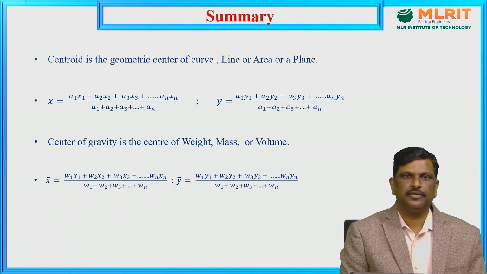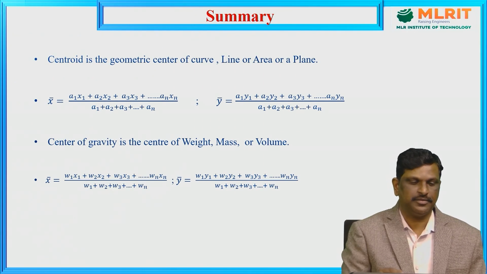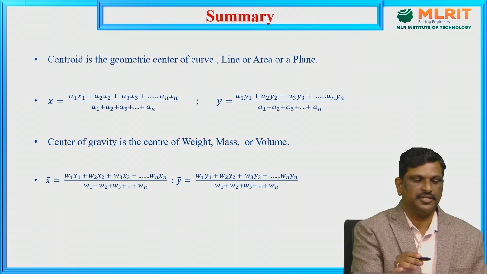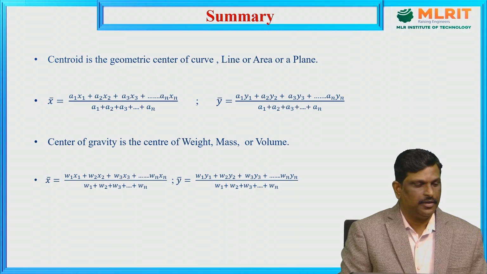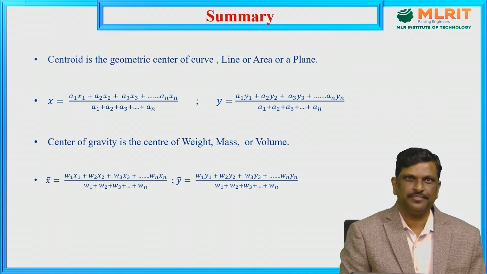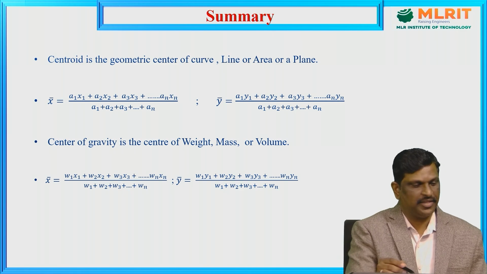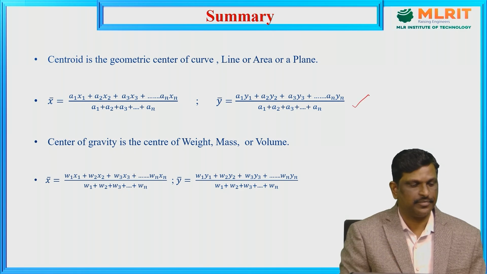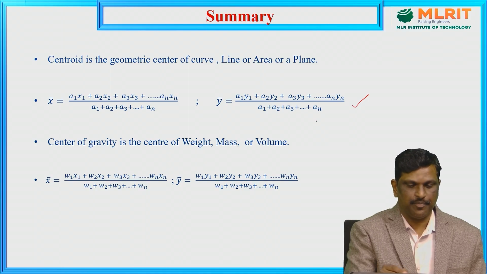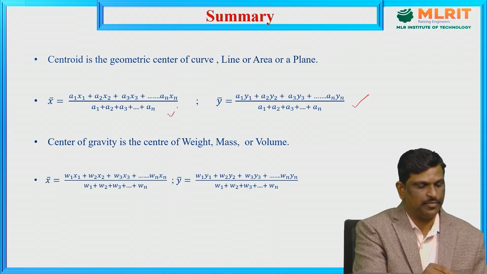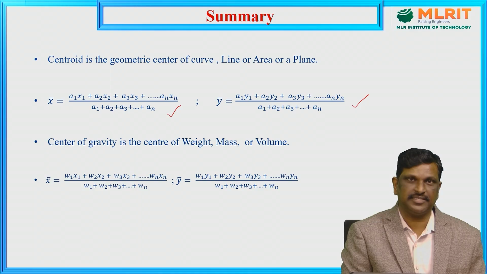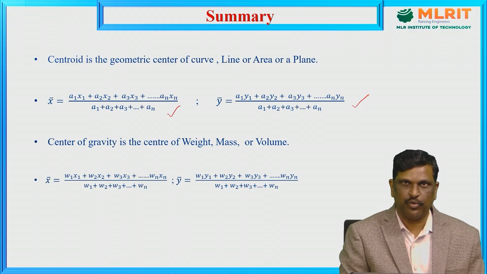In this video lecture, we have covered the definition of centroid, center of gravity definition, and the expression for finding the centroid of planes: a1 x1 plus a2 x2 plus a3 x3 and so on, divided by total area, and similarly the y coordinate also.